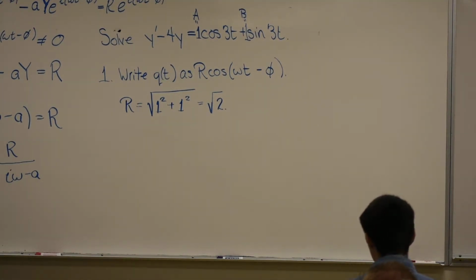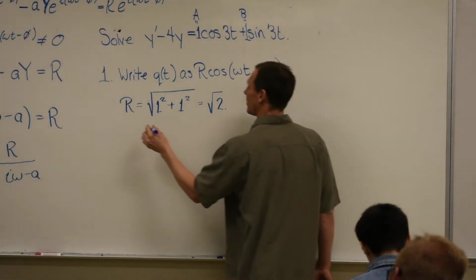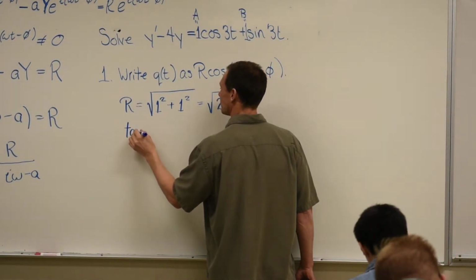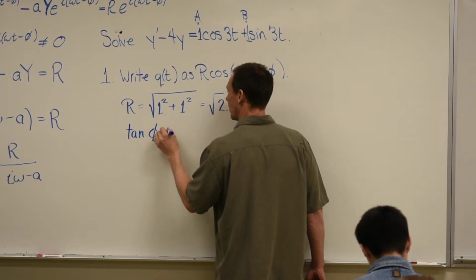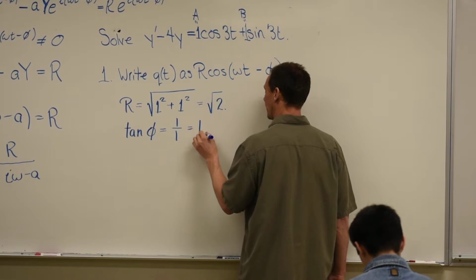And we also need to figure out what phi is. We said we can find phi: the tangent of phi is equal to v over a. So let's write that. It's the next step. So tangent of phi is 1 over 1.